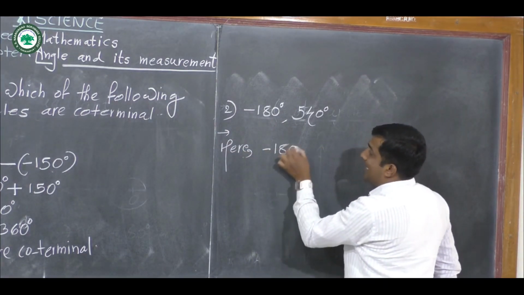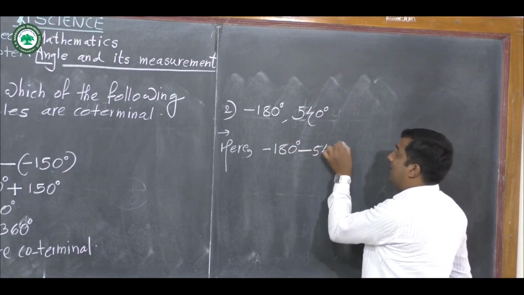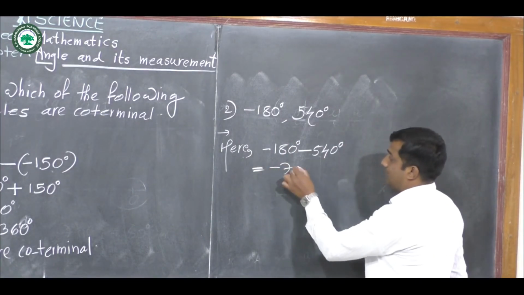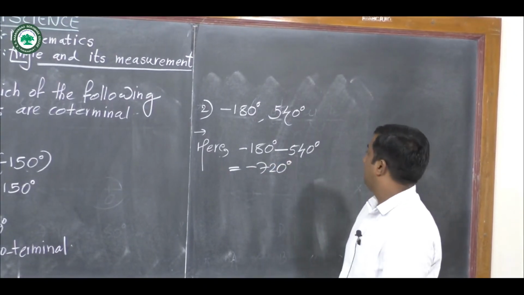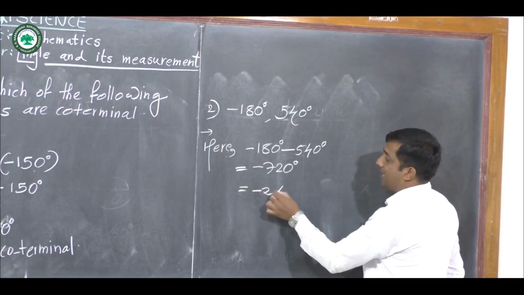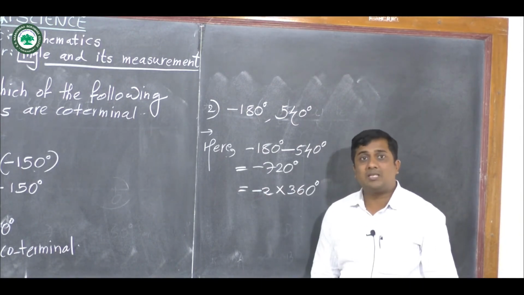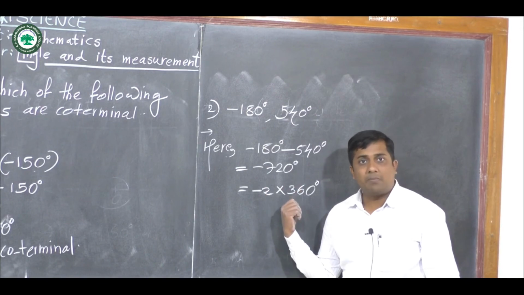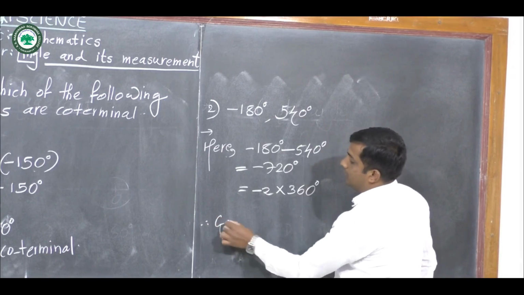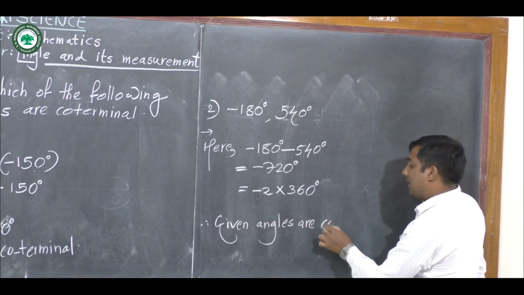Given minus 180 degrees, minus 540 degrees, we get the difference as minus 720 degrees. I write this minus 720 degrees as minus 2 into 360 degrees. So this measure is a multiple of 360 degrees. If we get a multiple of 360 degrees, the given two angles are coterminal. Therefore, the given angles are coterminal.